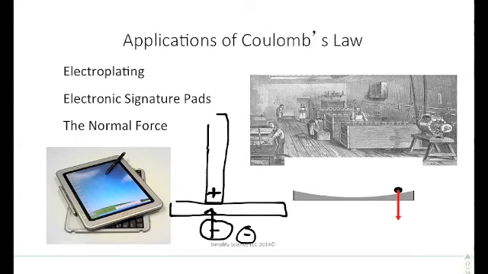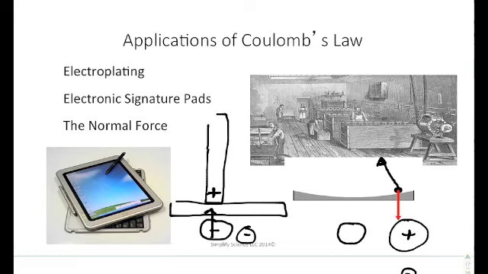Another one would be the idea of the normal force. We said that the normal force is the force exerted based on the interaction between any object and its surface. If you look at the ultimate outside layer of any matter, you have atoms. In that atom, you have a proton, and on the very outside, you have an electron.